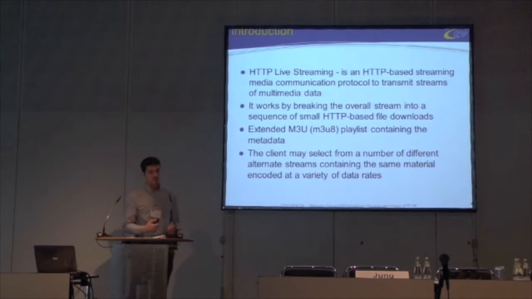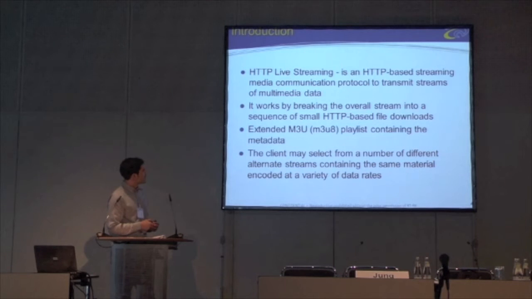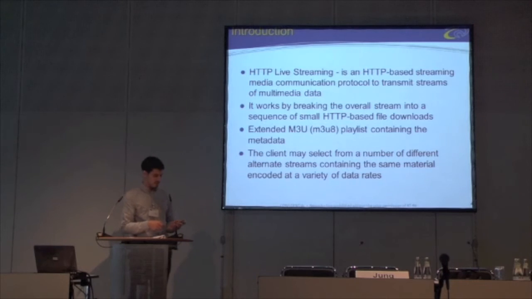The manifest file, which is used to obtain all the needed information about the stream, is called an extended M3U playlist, and it is called an M3U8 playlist. The content may be selected from a number of different alternate streams containing the same material encoded at a variety of bit rates.